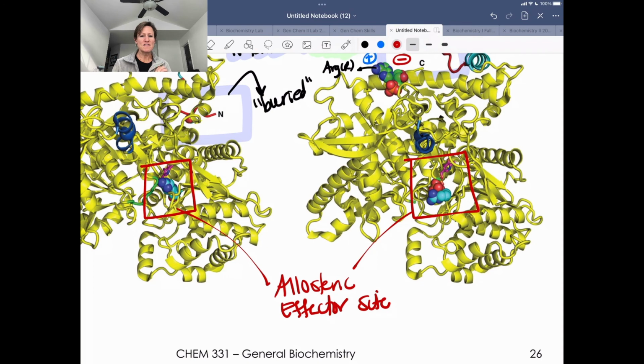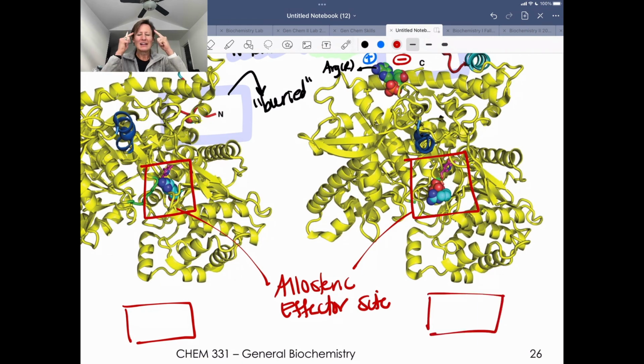The allosteric effector site is a site where we can bind a small molecule that's going to help modulate whether we are T state or R state. So one of the things that I want you to remember is we're going to learn about certain small molecules that tend to be fed state signals or need state signals. So I'm going to fill in these boxes either ATP or AMP. Okay? Logic check should allow us to explain which is going to go where.